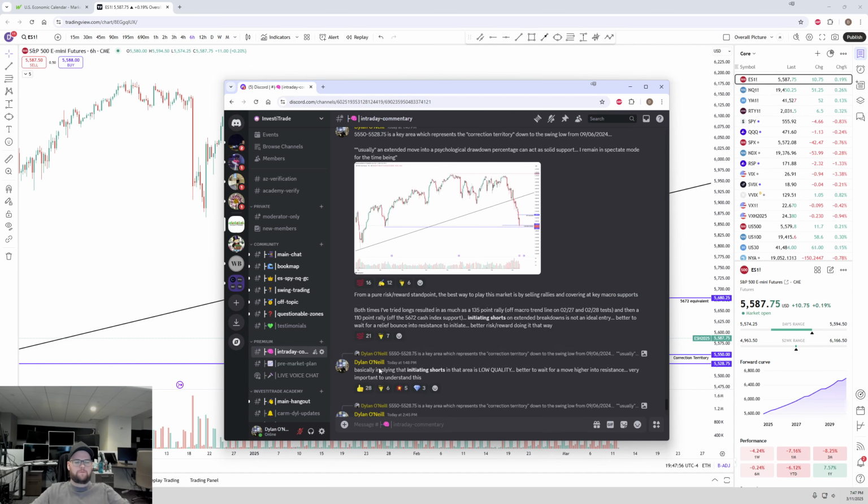Okay? So I was basically implying that initiating shorts into that 5550 to 5528 area is low quality. It is better to wait for a move into resistance to short as opposed to initiating on a breakdown.